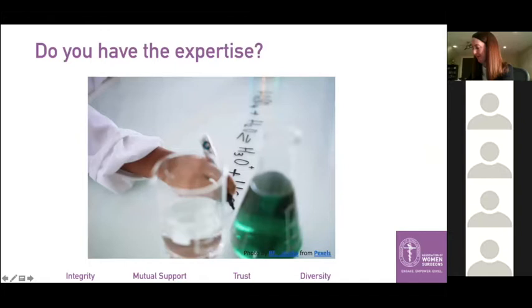Even if you're really excited about something, you have to consider, do you really have the expertise to do a thorough review that will help you judge whether or not this publication is worthy for the journal you're reviewing for? And more importantly, because very few journals have an acceptance rate where everything you see gets in, will you be able to provide the kind of feedback that ultimately strengthens the work?